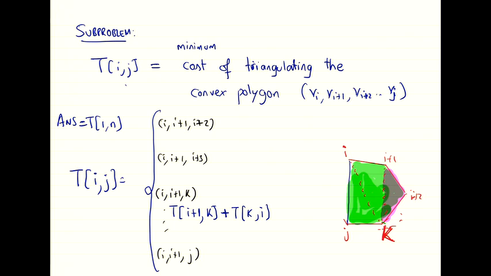And then finally, you have the triangle I plus 1, K, which I'm just going to write as the perimeter of I plus 1, K. Okay.